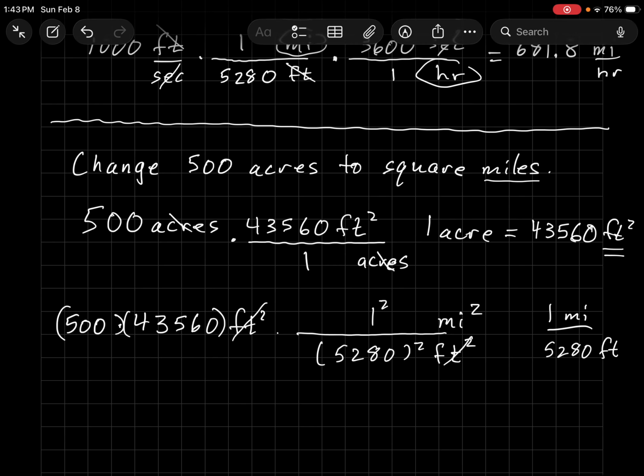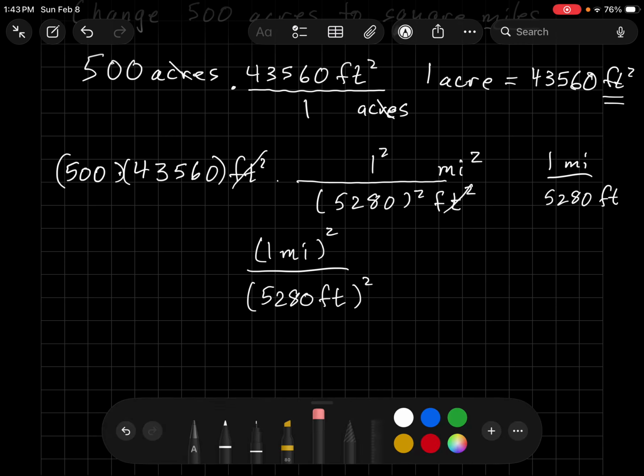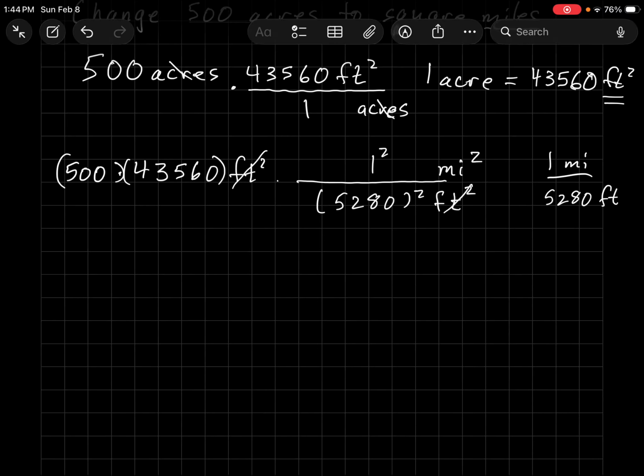Either way, I get the same answer. And so now I have the units that I need, because I wanted to end up with miles squared. So all I got to do is multiply through. I'll do 500 times 43,560, and then divide it by 5,280 squared. And I get 500 acres is about 0.781 square miles, or miles squared.